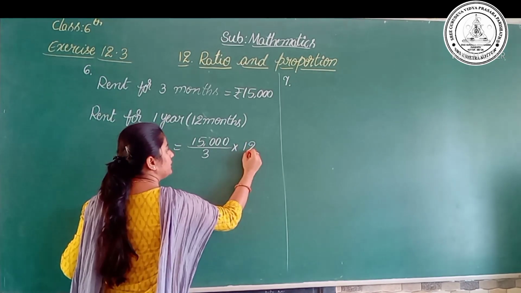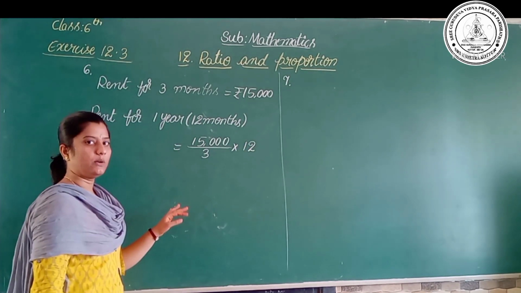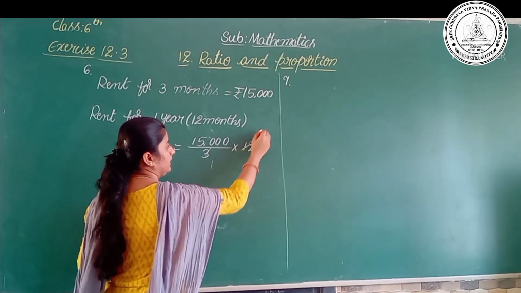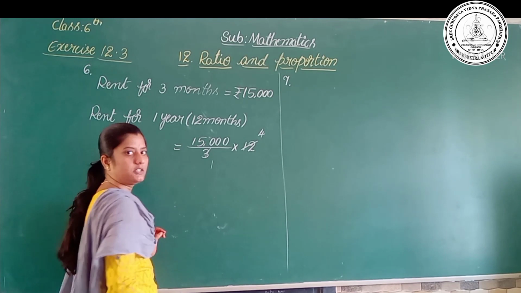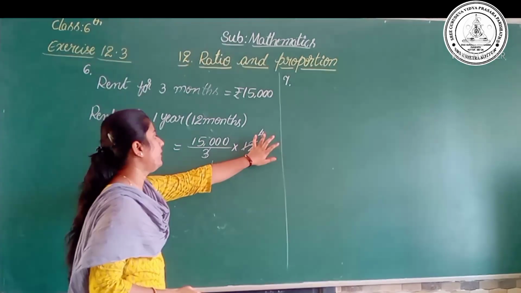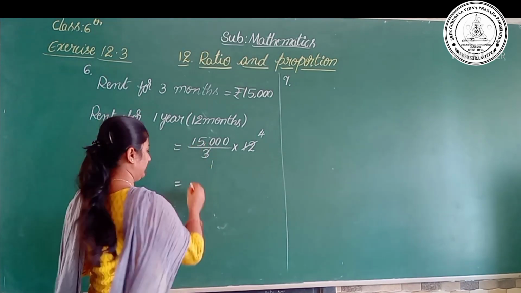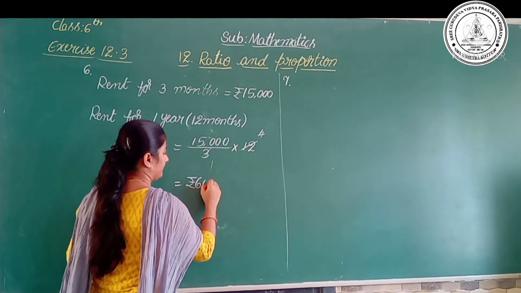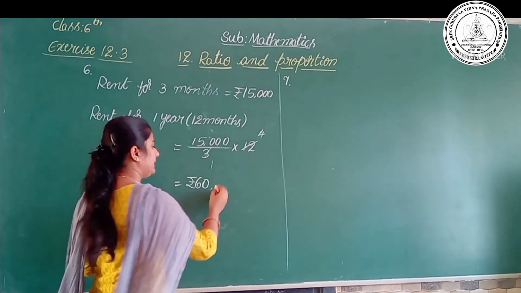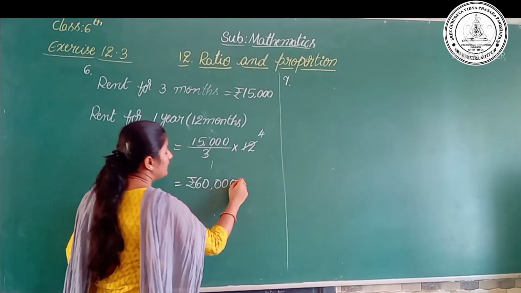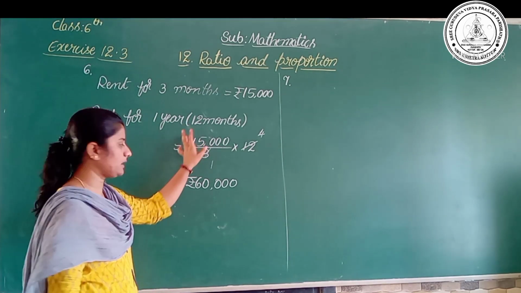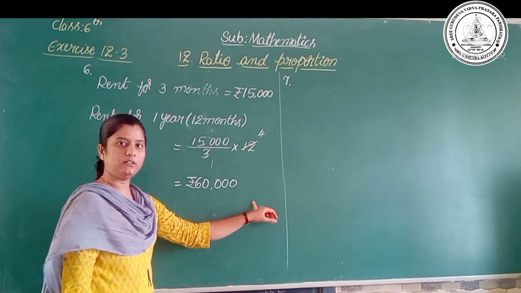Now we have to cancel it. 3 ones are 3, 3 fours are 12. Now multiply 4 by 15, that is 60, and then add the 3 zeros. So the total amount she has to pay for 1 year is 60,000 rupees.